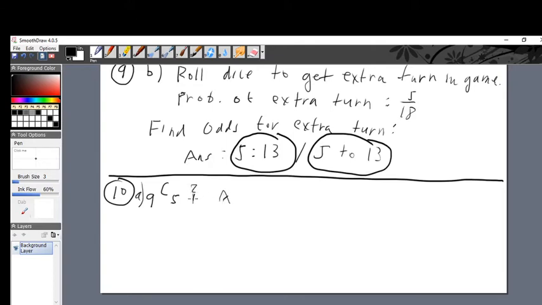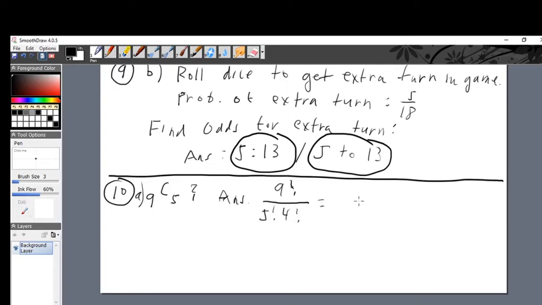Okay, answer. This is the question. The answer: you just have to work out with the formula. Remember the formula. This is the n, this is the r. So it's 9 factorial over r factorial and 9 minus 5 factorial, which is 4 factorial.